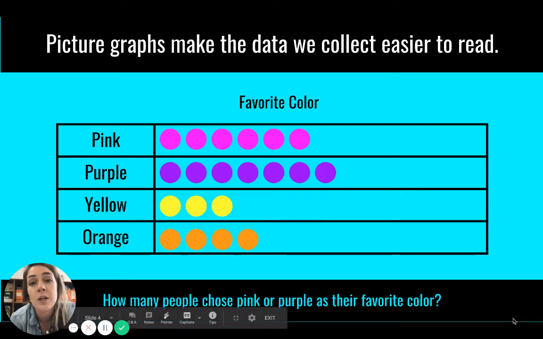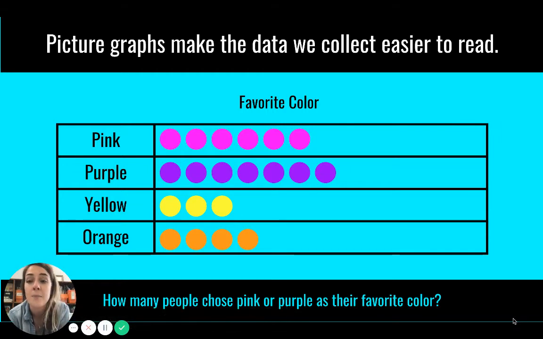So here we go. I want you to take a minute to look at our data. Think how many people chose pink, how many people chose purple. And the first question that we're going to answer about this is how many people chose pink or purple as their favorite color. Now, before you figure out the answer, here at school, we've been having a little bit of a hard time with this kind of question because people have been counting either pink or purple.